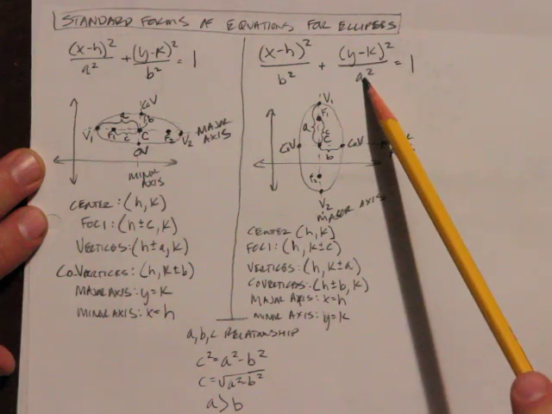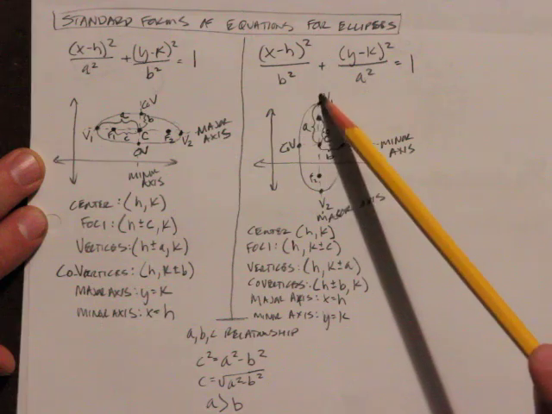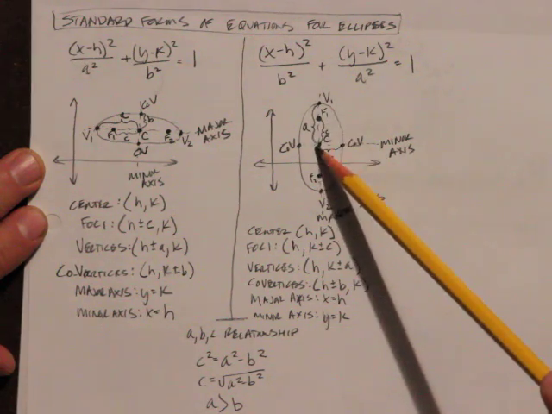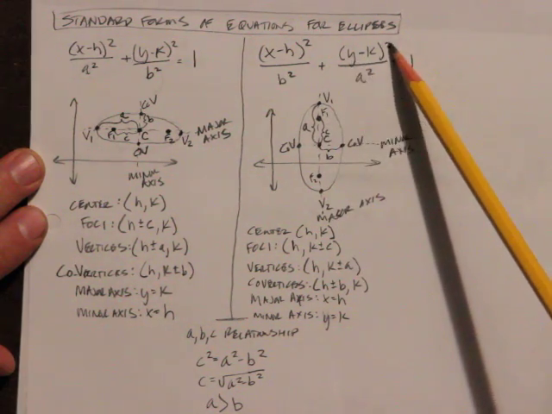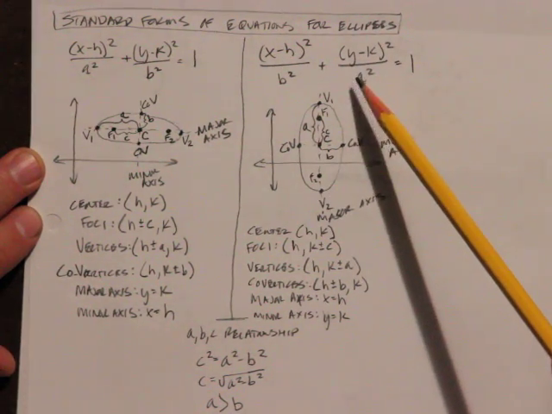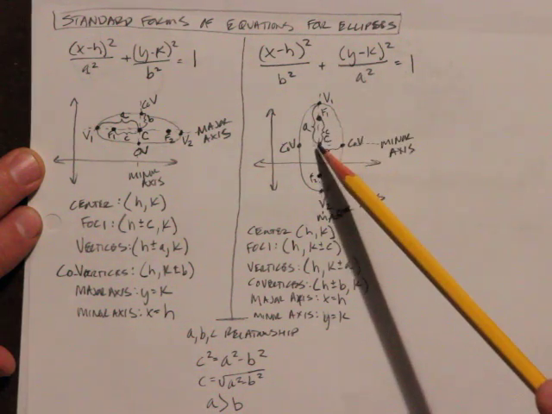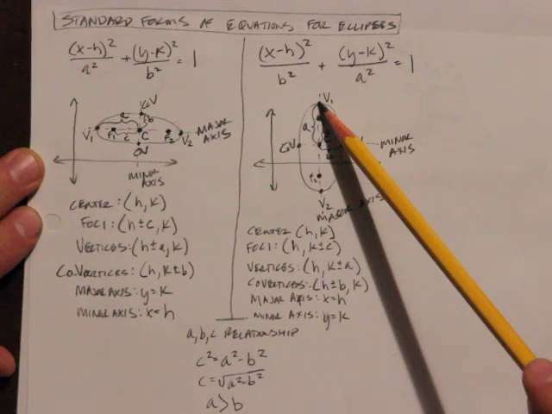In this case, over here on the right, you can see the a is the longer section, and it is with the y value in the fraction. You can see a is the longer one, and that's from the center to the vertex.